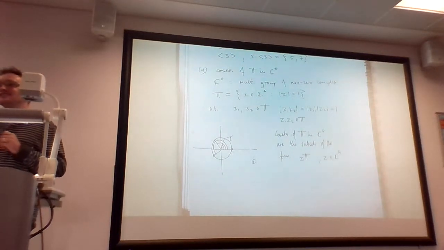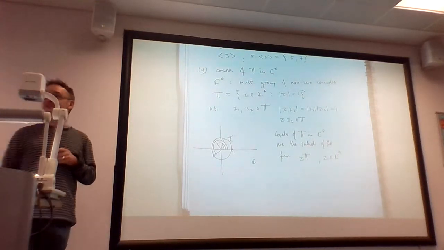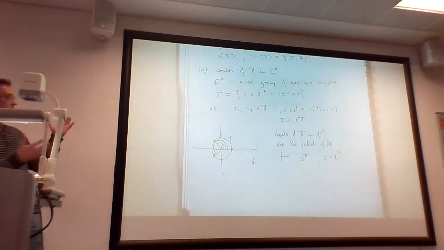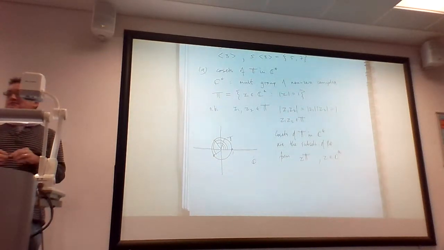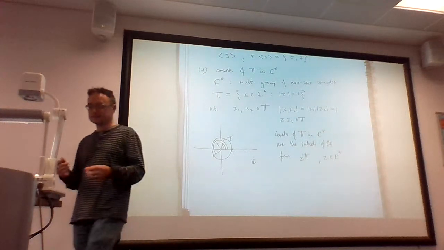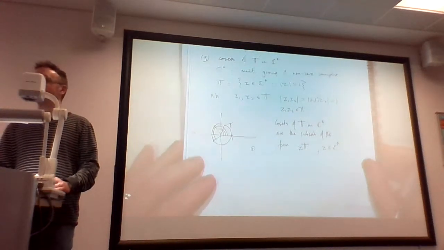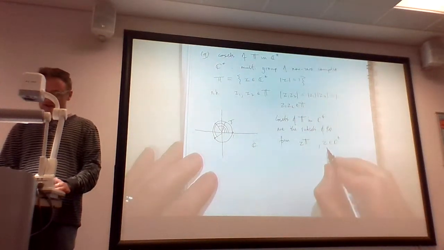Yeah, okay, so that's excellent. What might the other cosets look like? I mean, it would be perverse if they looked like anything other than circles, really. So which circles? Can they be the same circle? Well, one of them is the same circle.